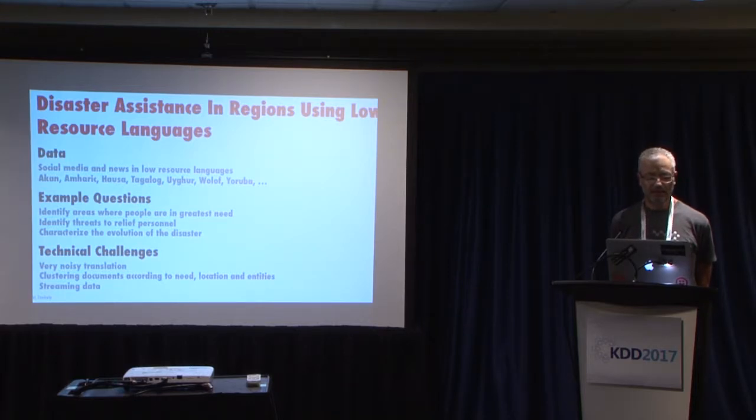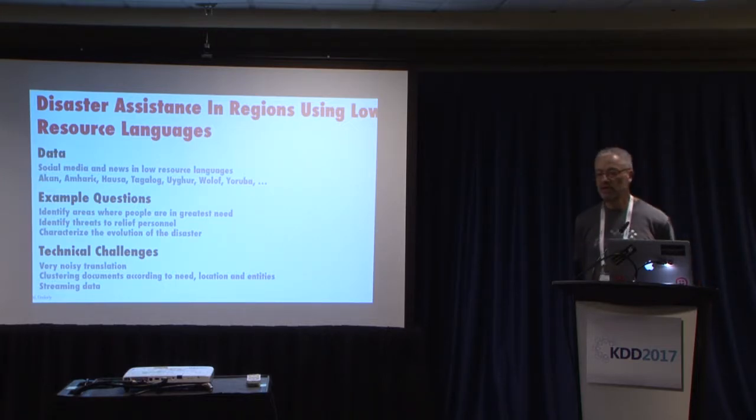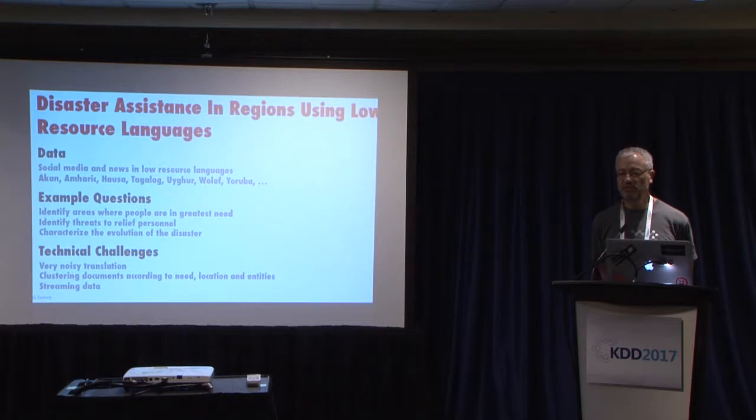The idea is to mine social media data and news to give the responders some idea of what's actually going on in a disaster area. And I list there some of the languages that are being used in this challenge.